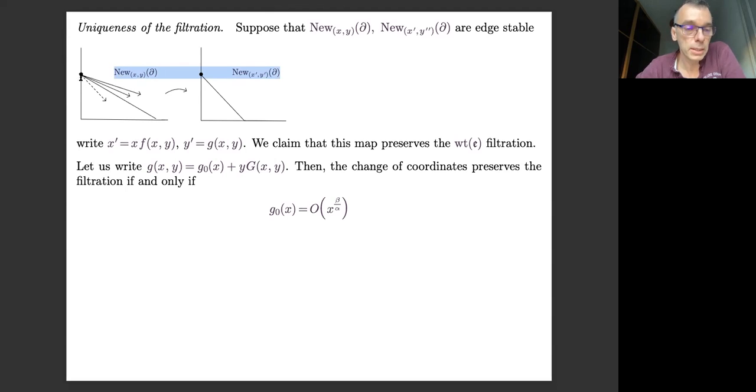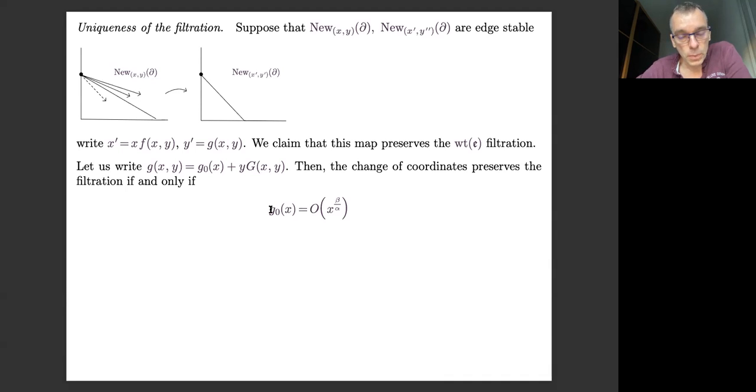So I've just illustrated this in this upper drawing here. So you see that this dashed arrow here corresponds to a change of coordinates which doesn't preserve the filtration determined by the leftmost Newton polygon, but the two other edges here, which are solid arrows, correspond to maps which preserve the filtration, right?